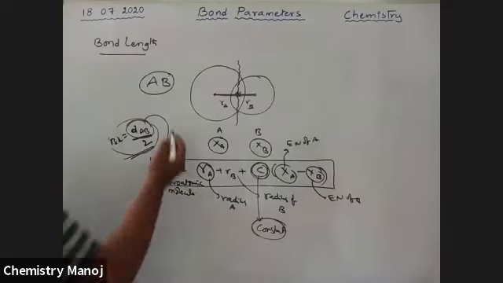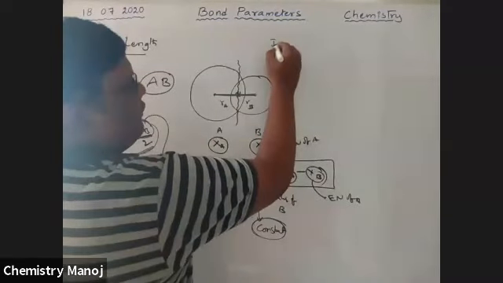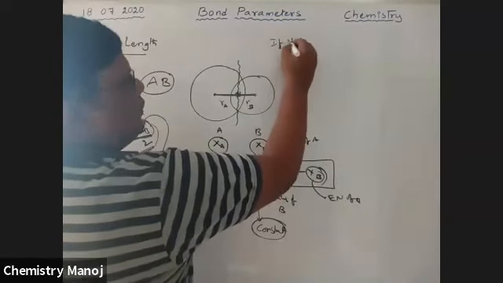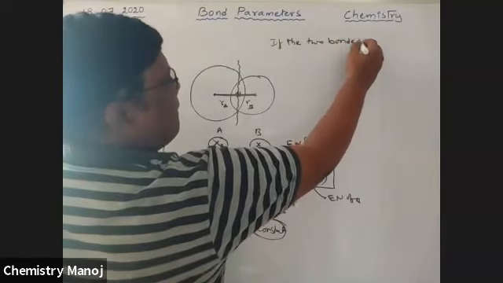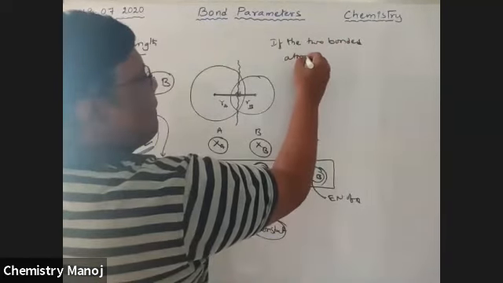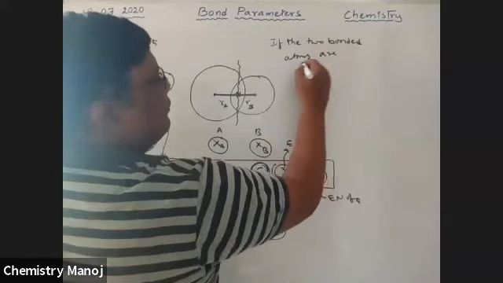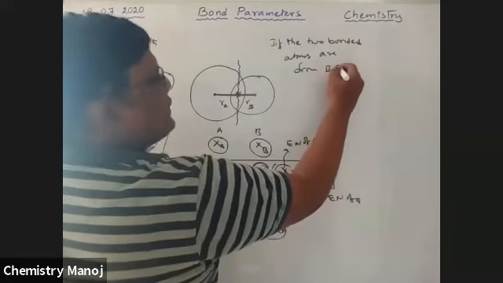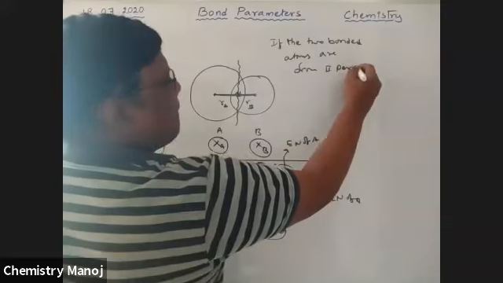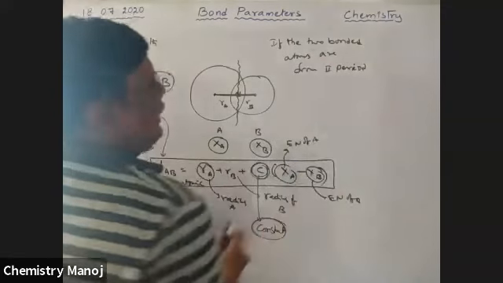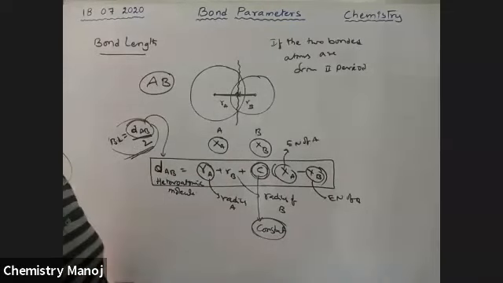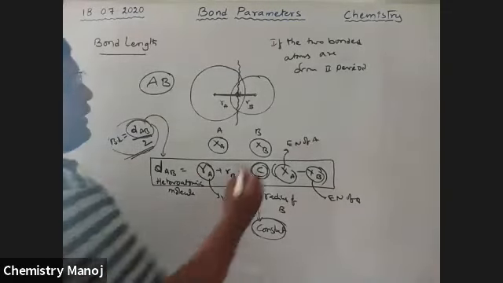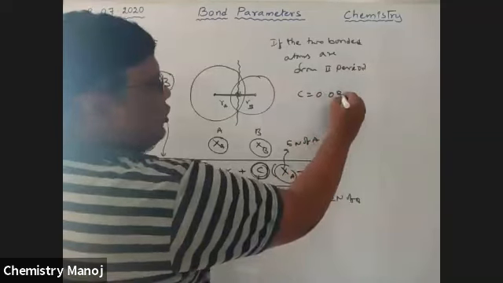So if the two bonded atoms are from the second period, so both A and B are from the second period of your periodic table, the value of this C is 0.08.